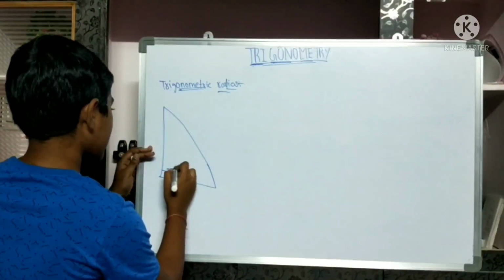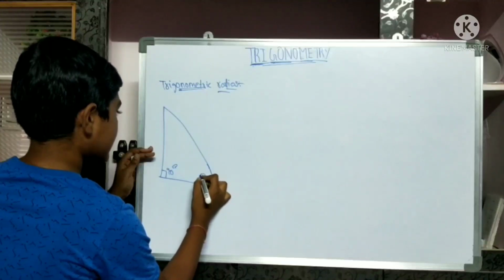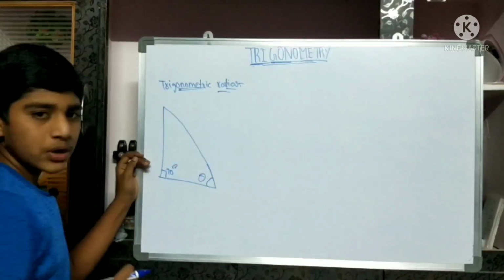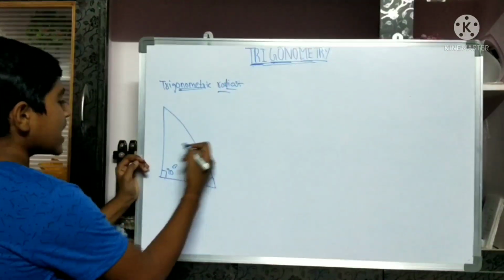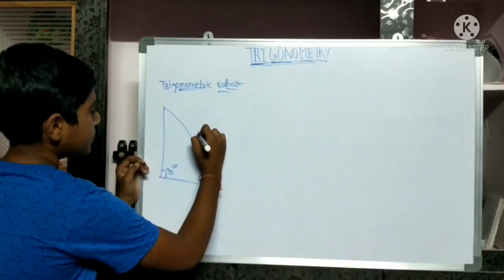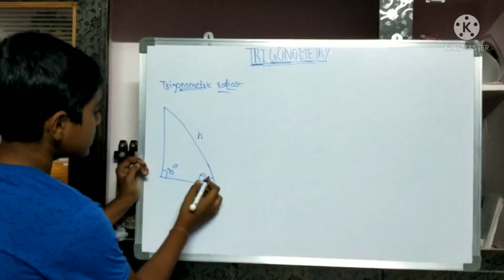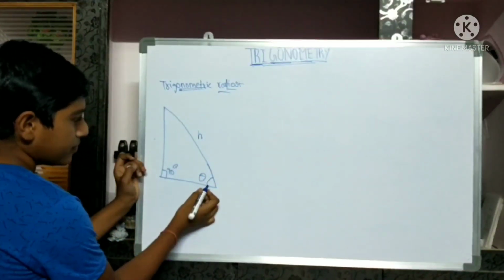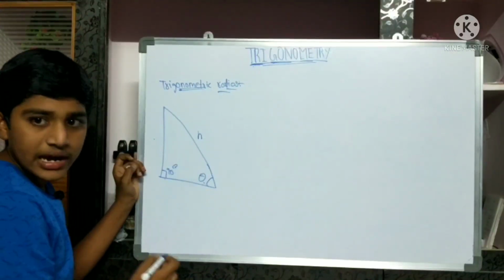This is a right angle triangle, and let us assume this angle as theta. So we know that the side opposite to 90 degrees is said to be the hypotenuse, and this is the opposite side to theta. This is theta, right?